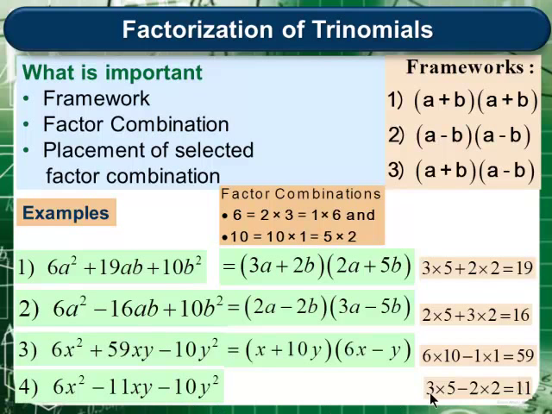In this case we look at the combination 3 times 5, 15, minus 2 times 2 minus 4 is 11. Since we're looking for 11 as the numerical coefficient for the middle term, together with the negative. So the negative has a specific influence in this case. As we can see, we either plus or minus in order to get the correct value for the middle term.